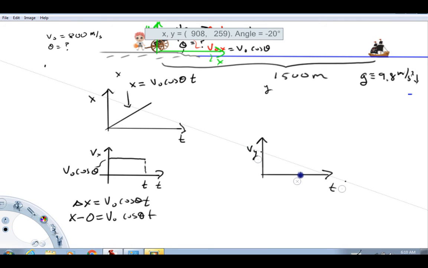So I'm going to go ahead and put that value maybe here. Now, because the velocity is decreasing, because of the gravitational acceleration, this graph is going to look something like this. It's going to be linear. If you don't mind, I'm going to go back and redraw that.